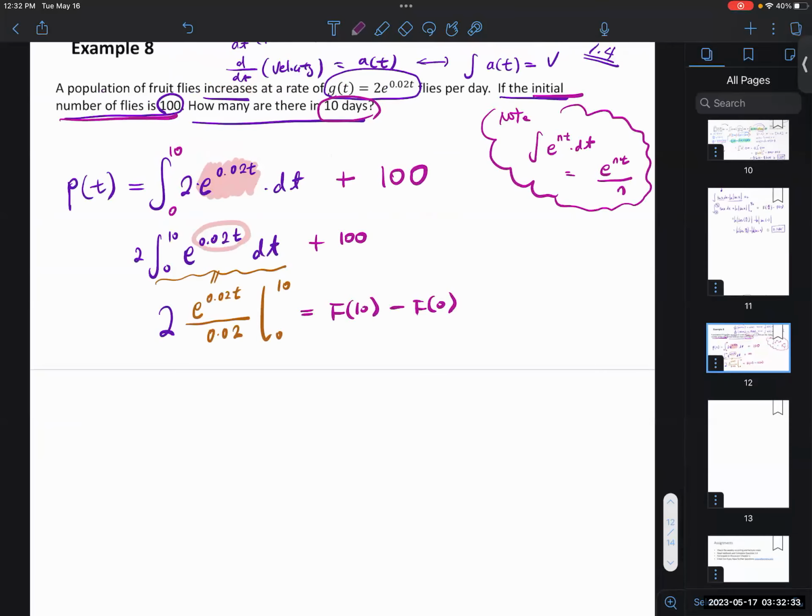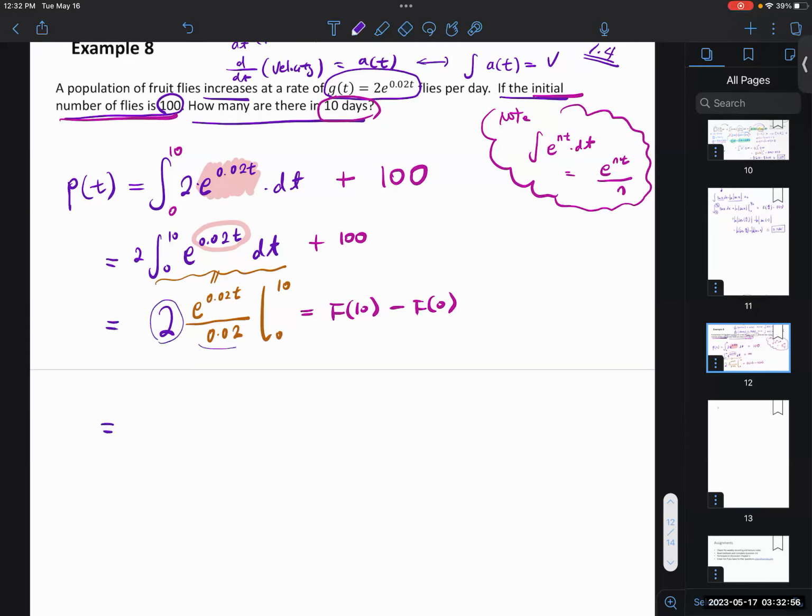So that means 2 times e to the, actually, I can simplify 2 divided by 0.02 first. What is 2 divided by 0.02? It's 100. So we can simplify.